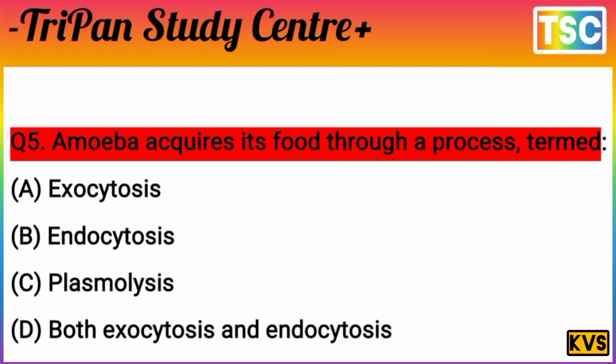That's the most important thing here. It means option B is correct. Endocytosis is the process by which amoeba acquires food.